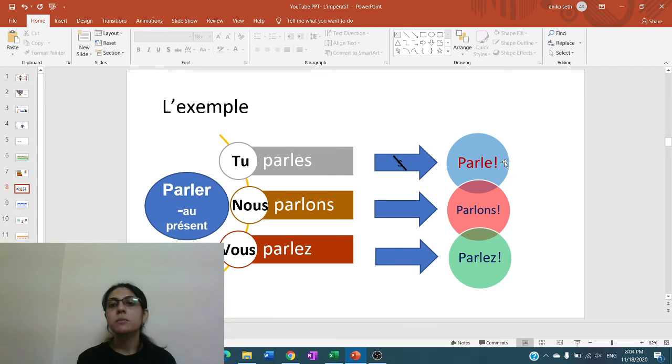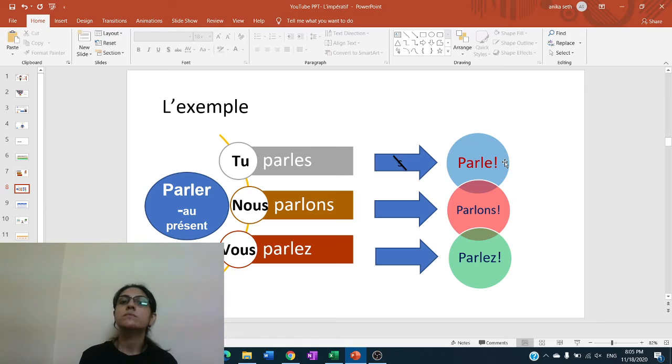So, tu parles becomes simply parle without the subject pronoun, without the S, with an exclamation mark. So, when you are conjugating the verb, subject pronoun is removed, S is removed, exclamation mark is added.